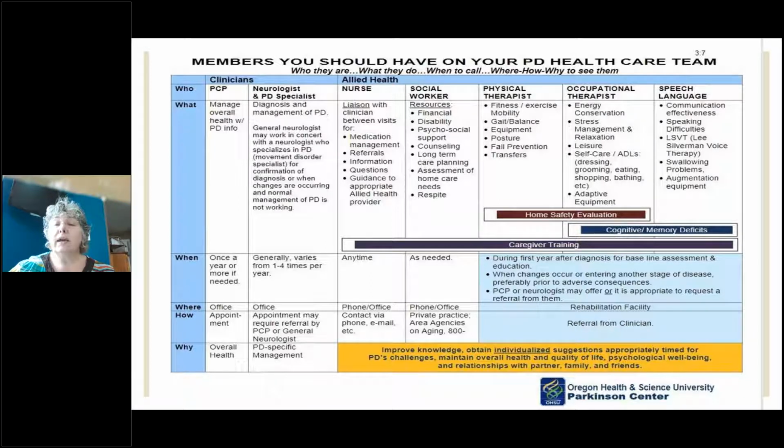They look at how we take care of ourselves, how we conserve energy, what helps with stress reduction and relaxation, and other equipment to help through the day-to-day experience of doing those ADLs. And then last but not least is the speech and language pathologist or therapist who can help with language when language becomes difficult or challenged, and looking at adaptive devices and equipment as well.